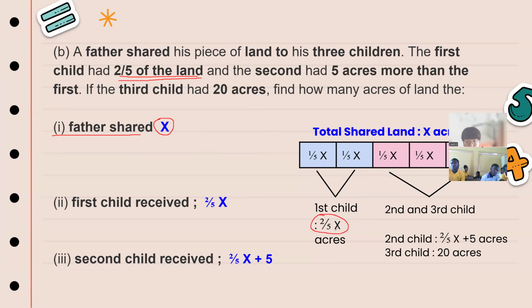The second child had 5 acres more than the first, so the second child had 2/5x plus 5 acres, right? And then the third child had 20 acres.